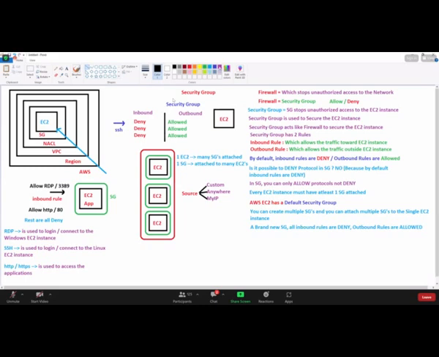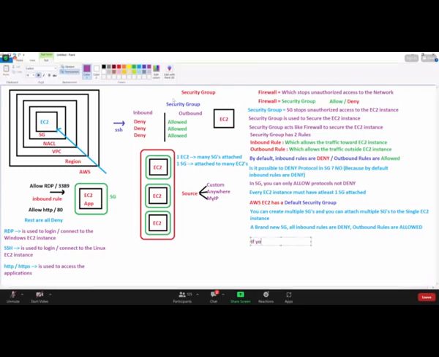Okay, see here. If you allow any inbound rule, do you need to allow that in the outbound rule? No need. Super. If you allow any inbound rule, you need not allow that on the outbound rule.